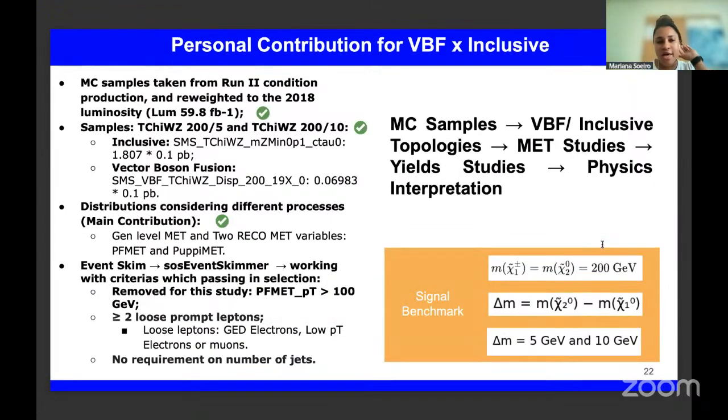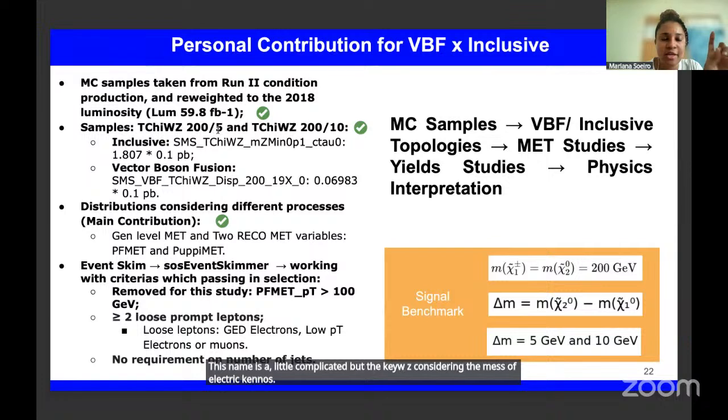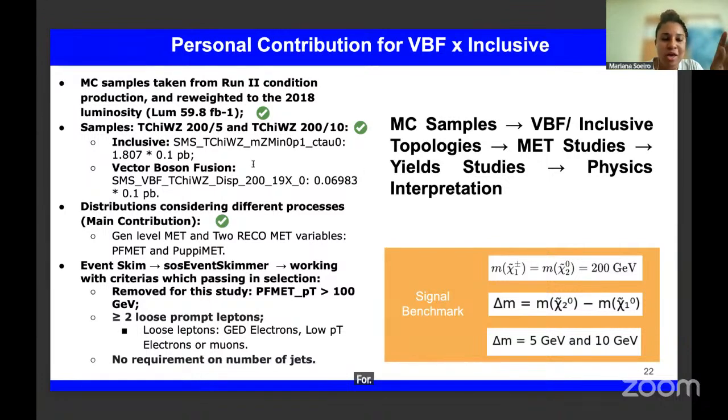Basically, we have the technique. The name is a little complicated, but the KWZ, considering the mass of electroweakinos 2000, and 5 and 10 for the delta M part, we have an inclusive and the vector boson fusion samples for that part.